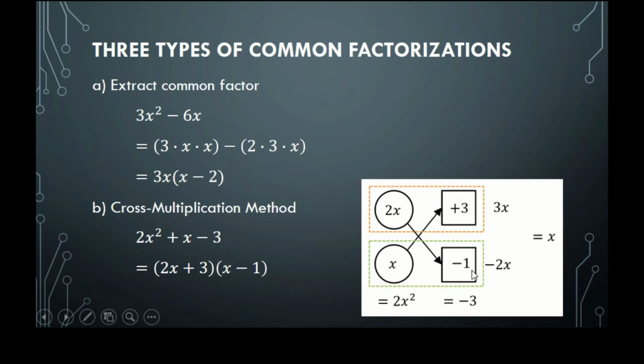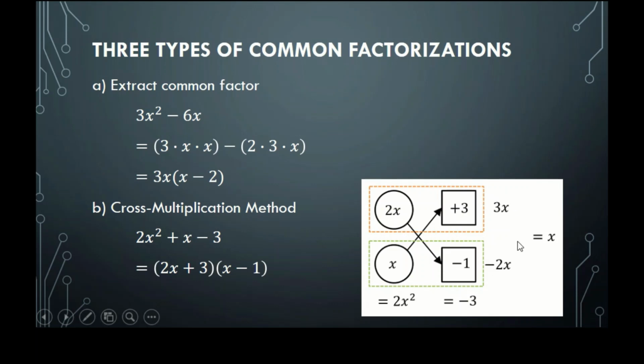So how do we decide? We decide based on the middle term, positive x. The positive x will be the sum of the cross multiplication. When we take 2x multiply negative 1, we get negative 2x. We multiply x by 3, we get 3x.